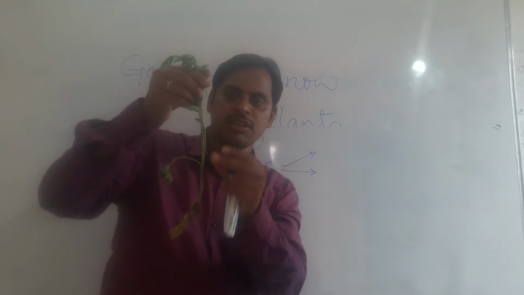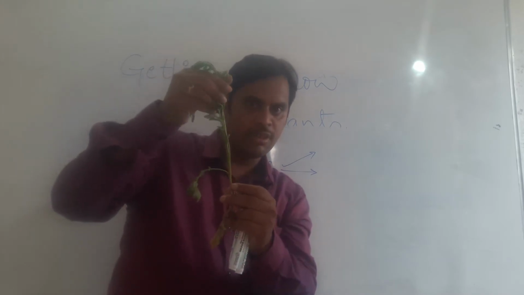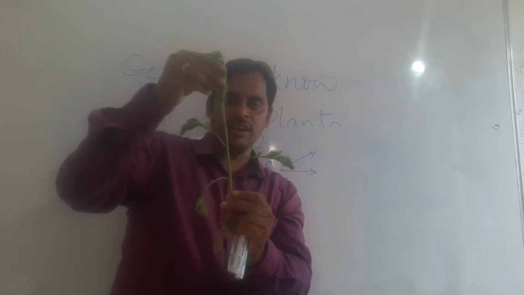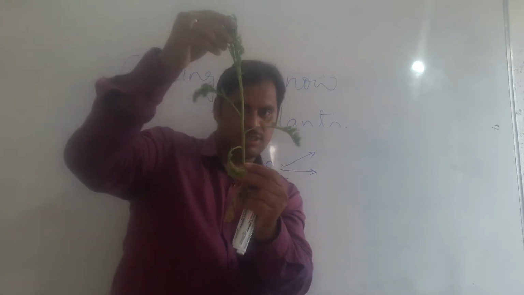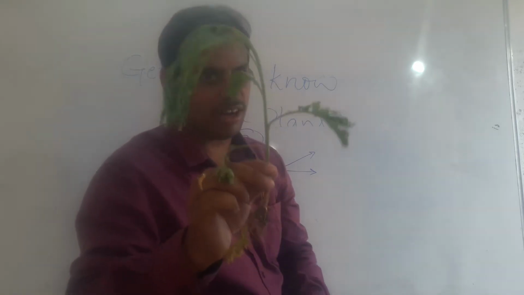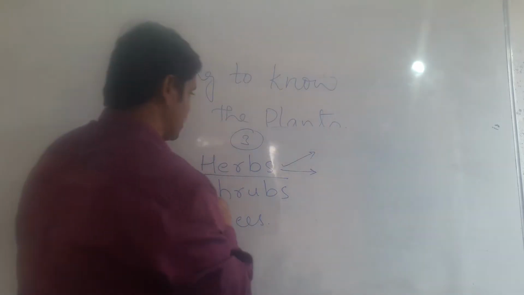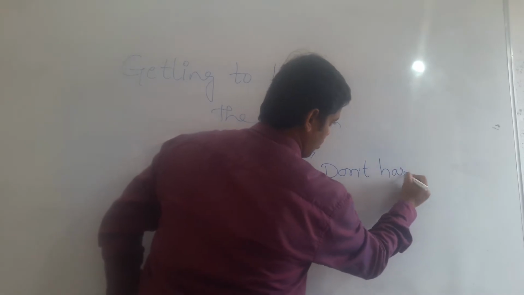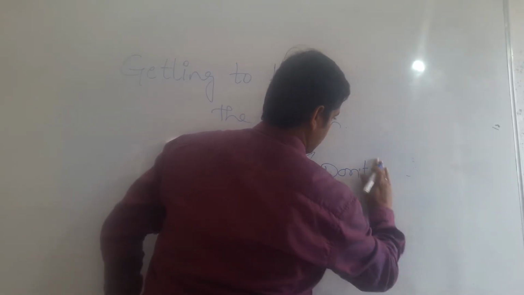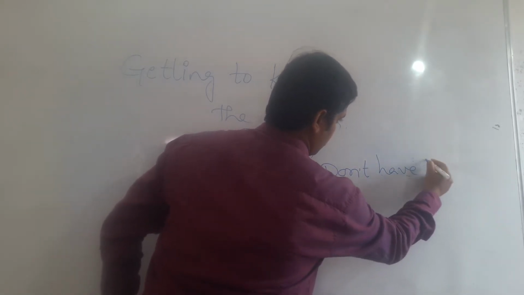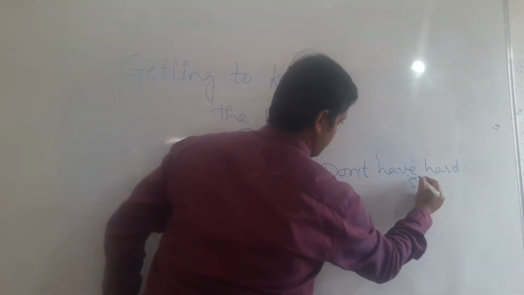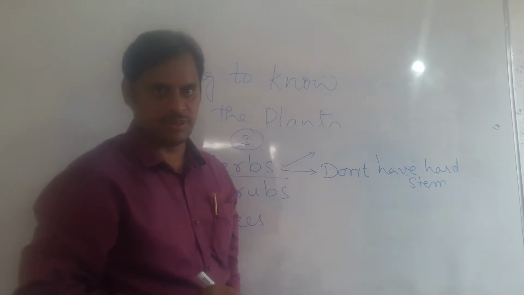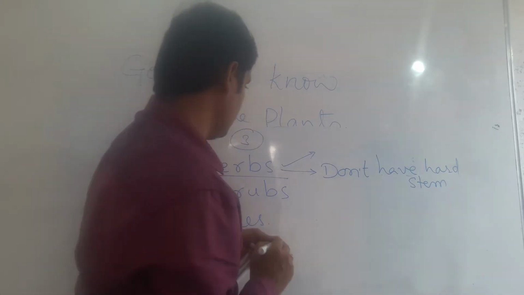Woody stem means a strong stem, and the branches of herbs are very weak. These are called herbs, which don't have a hard stem. They have a weak stem.